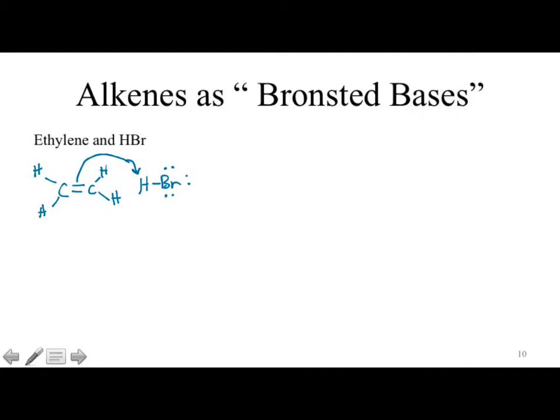If we've now shared electrons with that hydrogen, what have we formed? A bond. How many bonds would we have around that hydrogen now? Two. Can we have two bonds? Nope. So what do we have to do? We have to break a bond. Which bond do we break? We'll break the hydrogen-bromine bond. Where should those electrons go? Why should they go to the bromine?